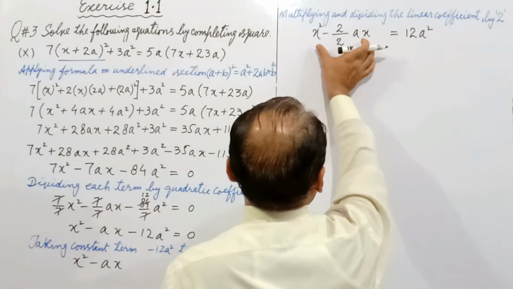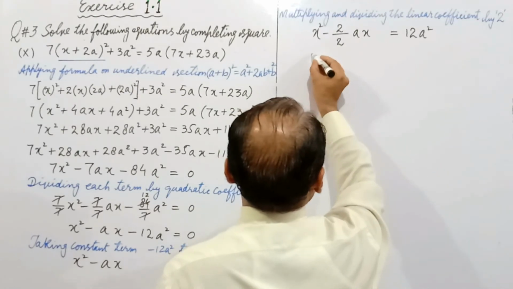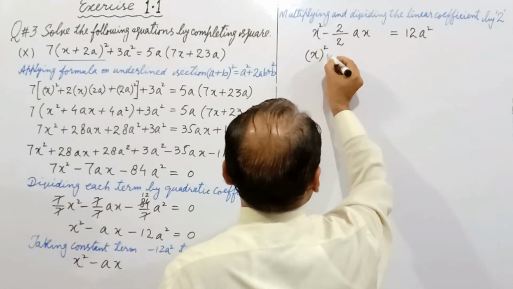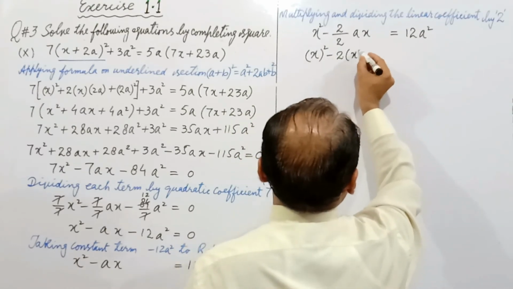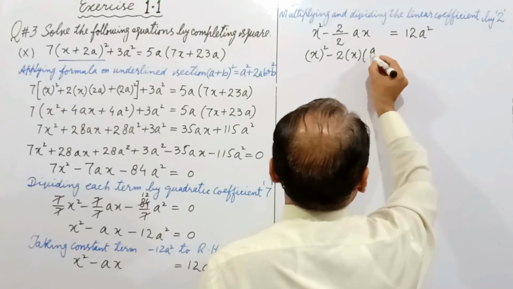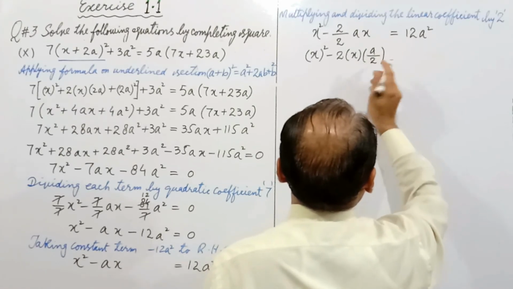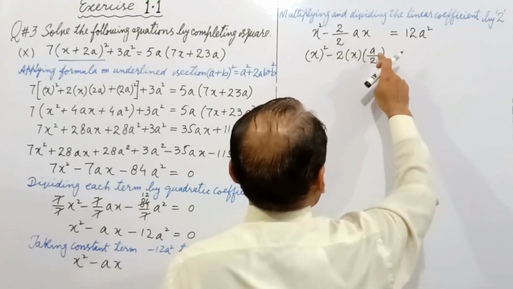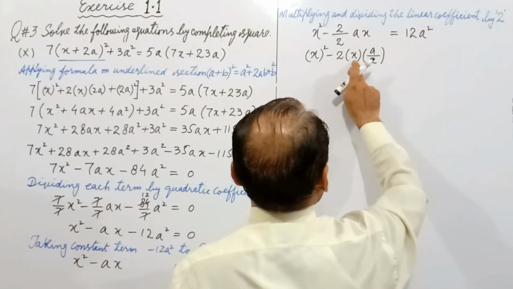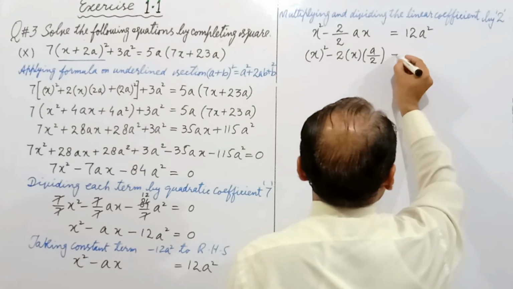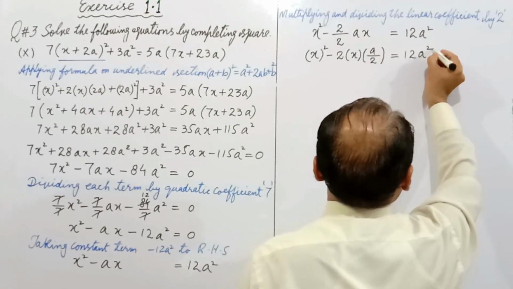We can rewrite these values as x square minus 2 into x into a over 2, as we have a in numerator and 2 in denominator, so that is the value which is left by extracting 2, is equal to 12a square on the right hand side.